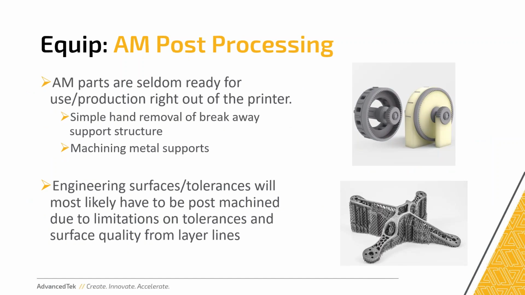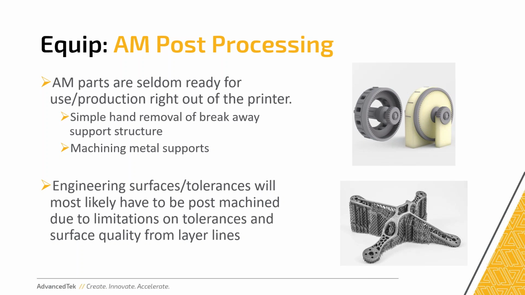So a big thing with any manufacturing technology is post-processing. 3D printing is no different. Seldom is a part ready for immediate use right out of the printer. And that could be from as simple as hand breaking a small piece of support off, all the way to machining off metal supports for metal 3D printing.